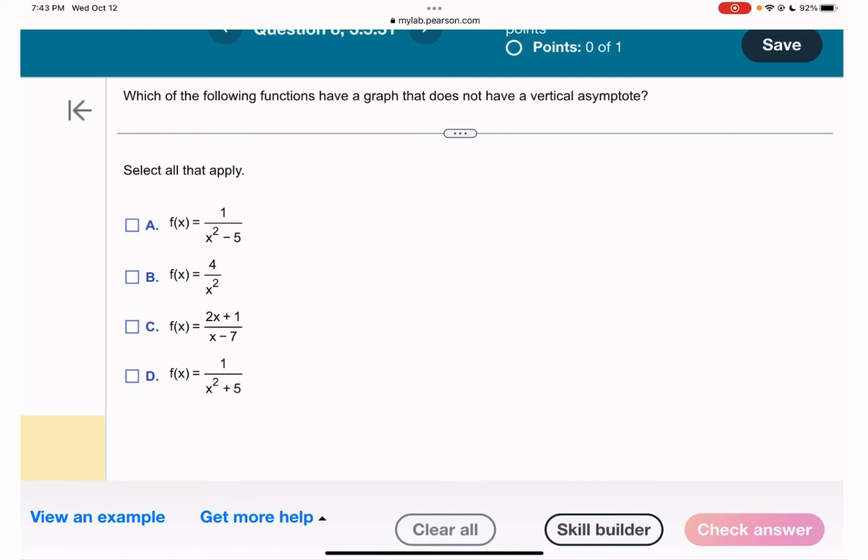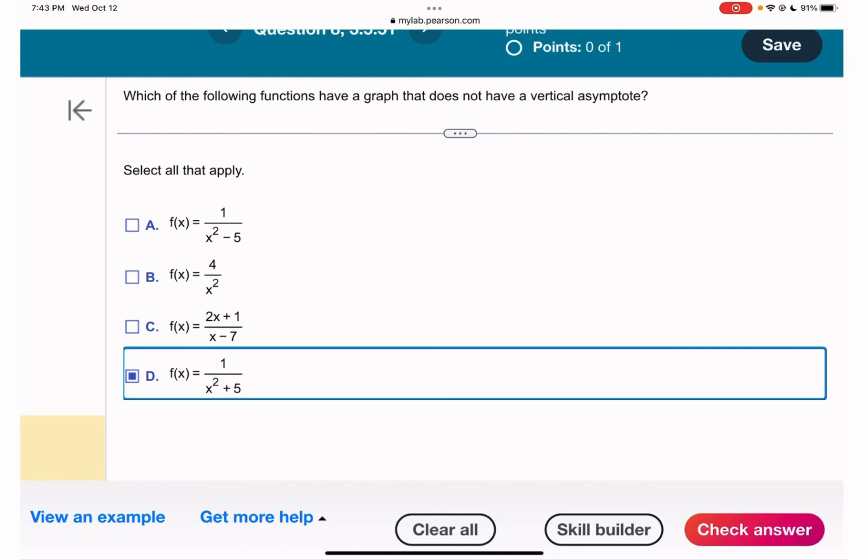Positive or negative square root of 5, right? If I square it, it's going to be 5, and 5 minus 5 is 0. In case of b, x can easily be equal to 0. In x minus 7, when x is equal to positive 7, the denominator will become 0. In the case of d, the denominator never becomes 0, because positive or negative squared becomes positive, and you have positive 5 anyway, plus 5. So there is no way you can get 0. Therefore, this one doesn't have a vertical asymptote, meaning it doesn't have any break.